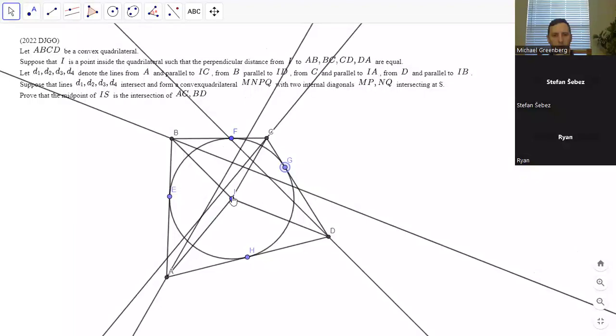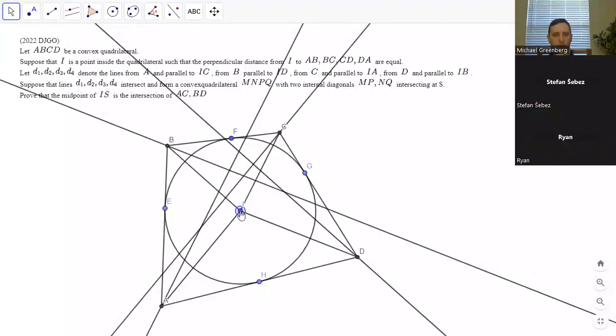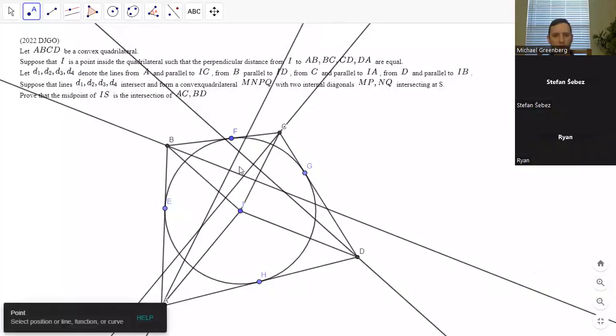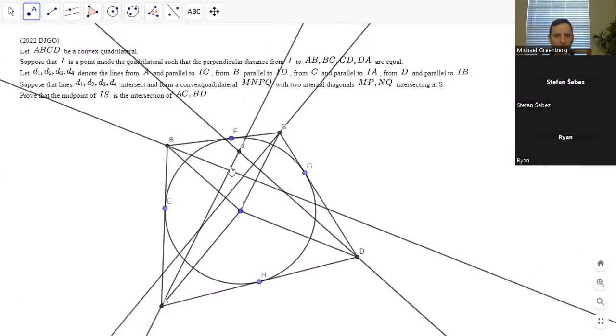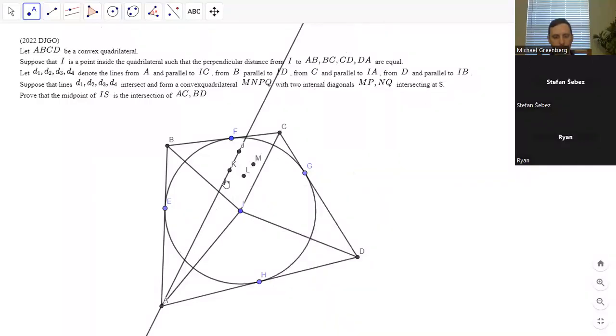Okay, so maybe like this. So I don't know what M, N, P, and Q are, but it doesn't really matter. And the diagonals intersect at S. Okay. All right.